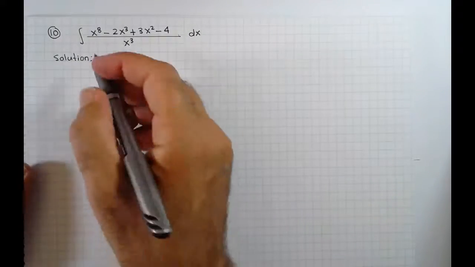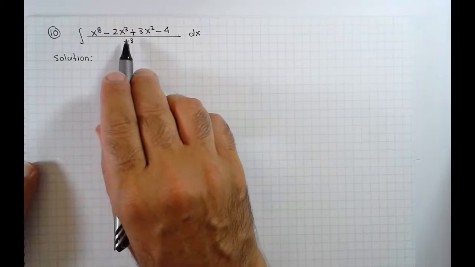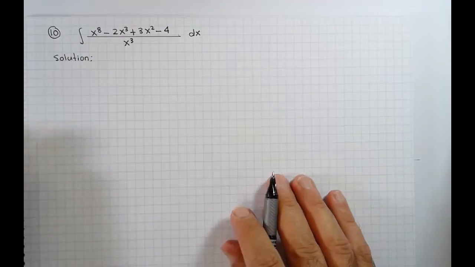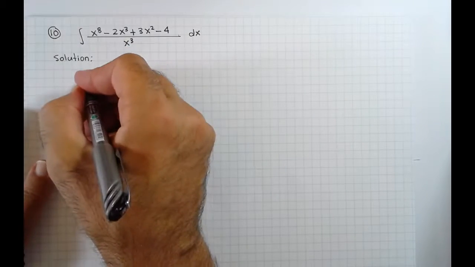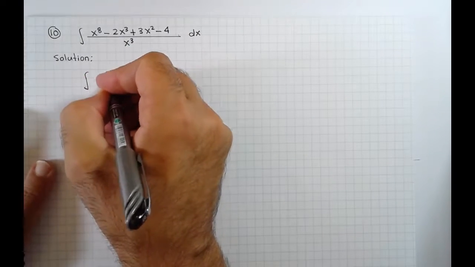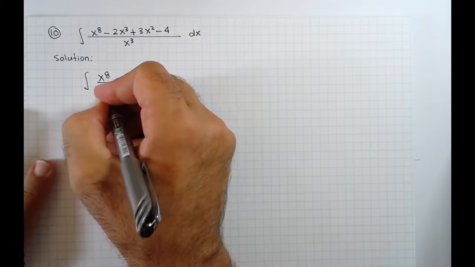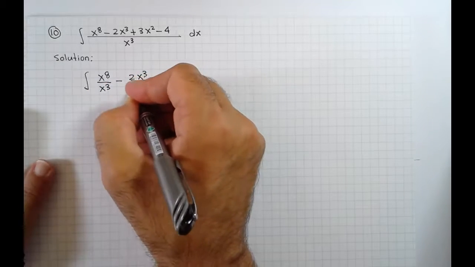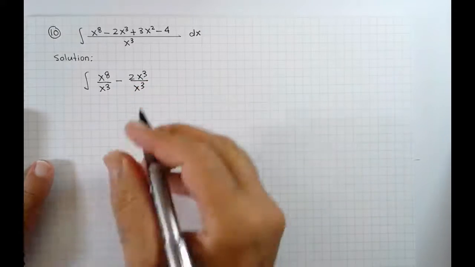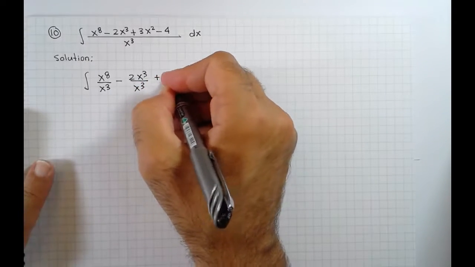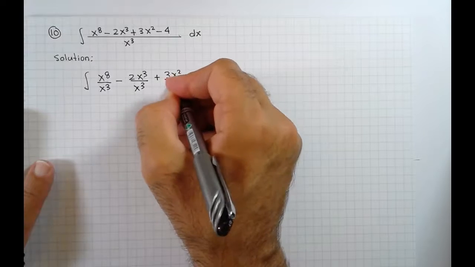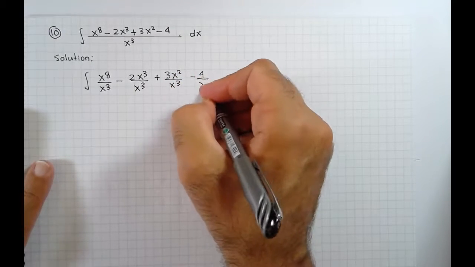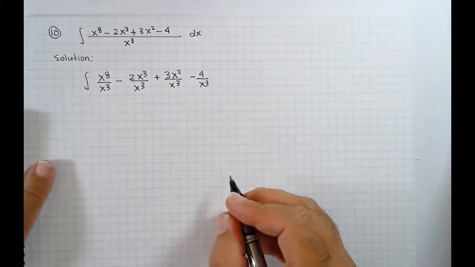Okay, let's look at the last question. Integral x to the 8 minus 2x cubed plus 3x squared minus 4 over x cubed. So we're going to divide this through first. That's integral x to the 8 over x cubed minus 2x cubed over x cubed plus 3x squared over x cubed minus 4 over x cubed dx.